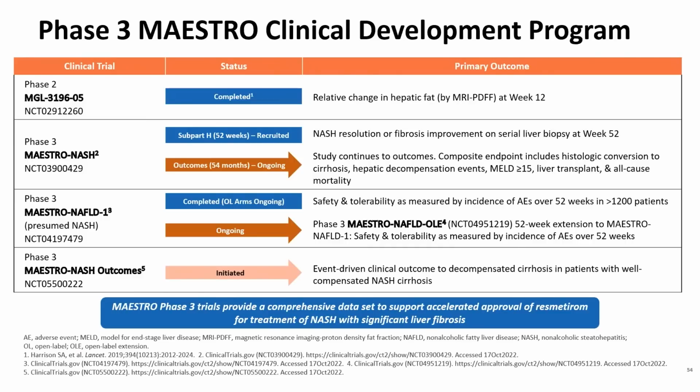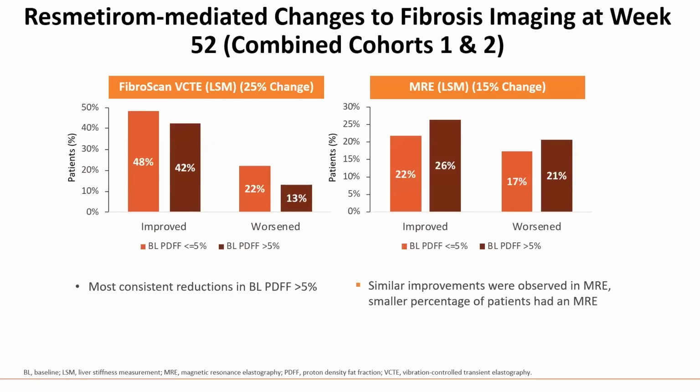So this is the MAESTRO program. This is the clinical development program of resmetirom. And the study I'm going to discuss was an open label study where we included 180 patients with NASH cirrhosis. Next. And here there was no placebo. This was open label.